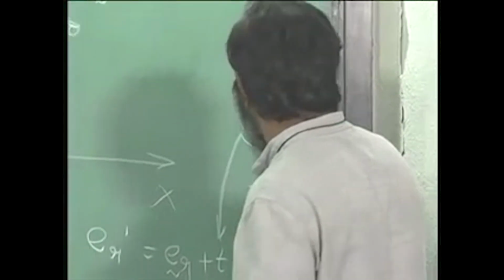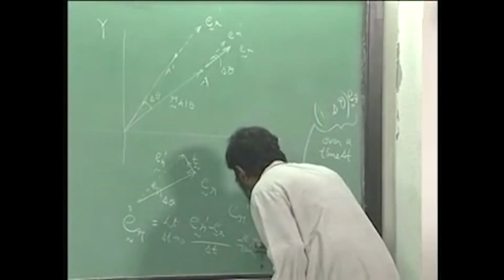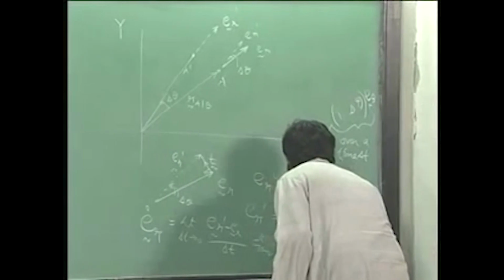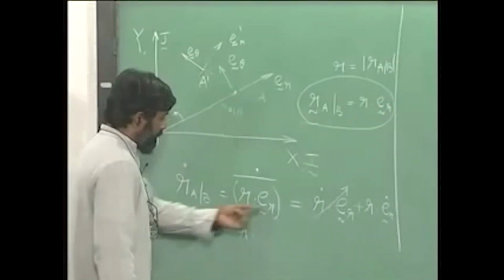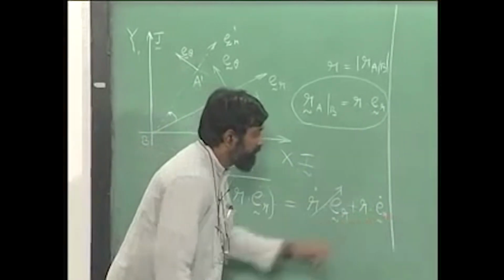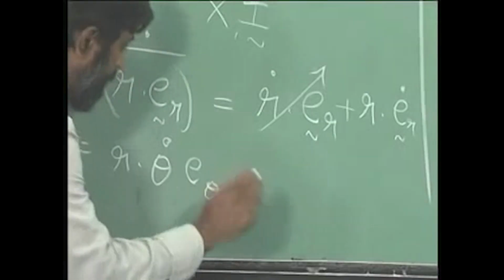So, when I took this, R is actually equal to 1, right, and therefore, in this, let me just remove R here, so that we get theta dot E theta.